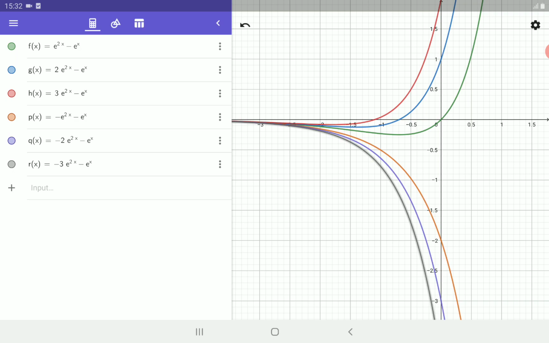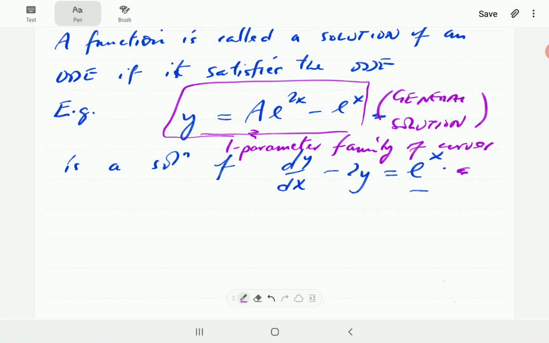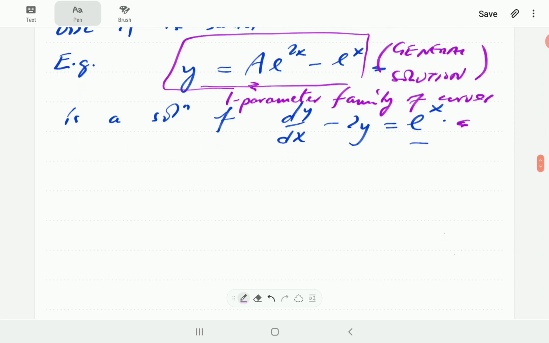So if a particular solution is required, then extra data is given over and above the ODE, and that extra data can either be named initial conditions or boundary conditions. Okay, so let's see how this works out.